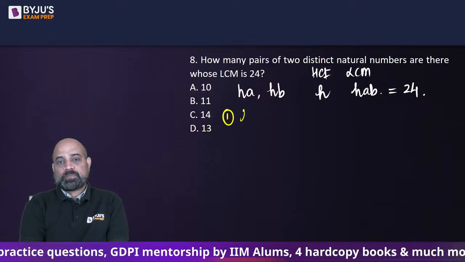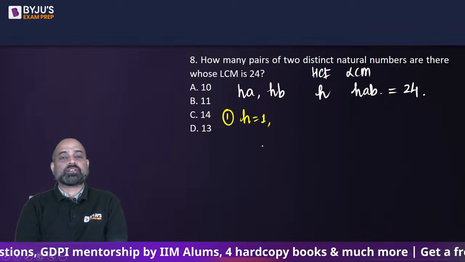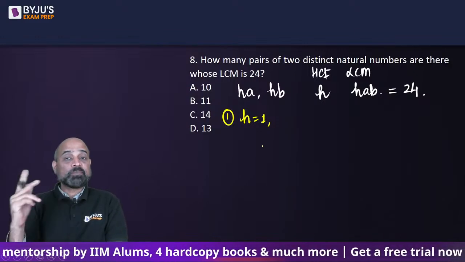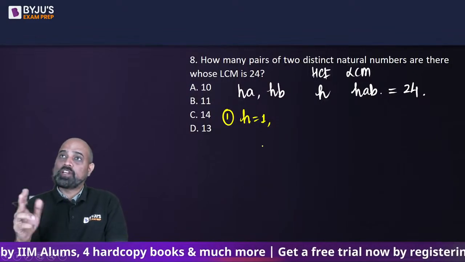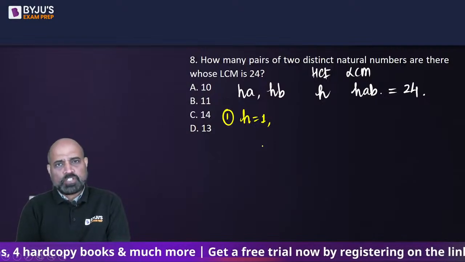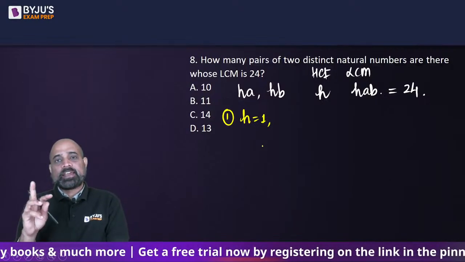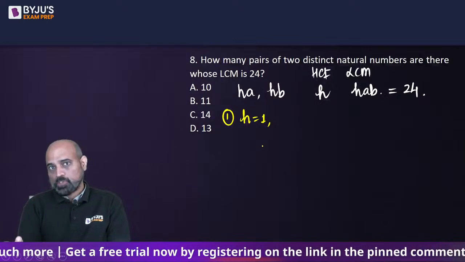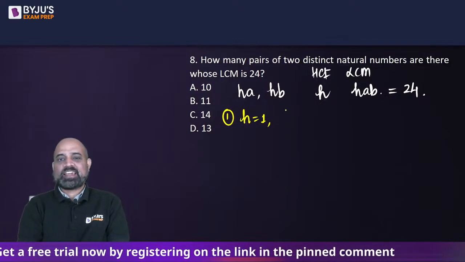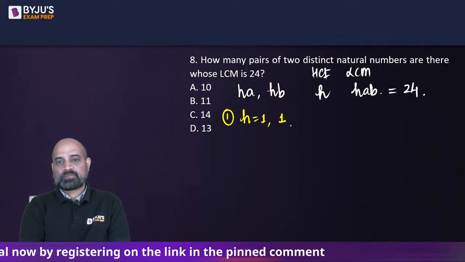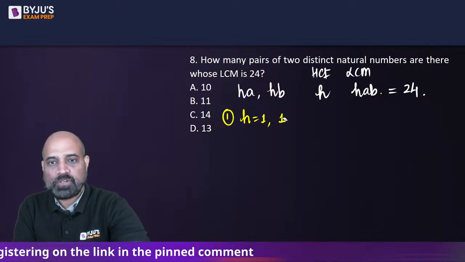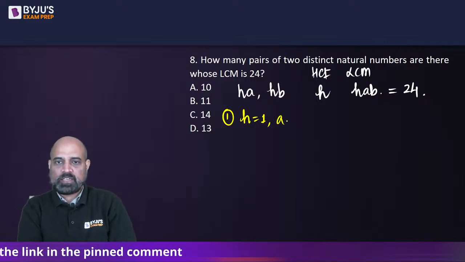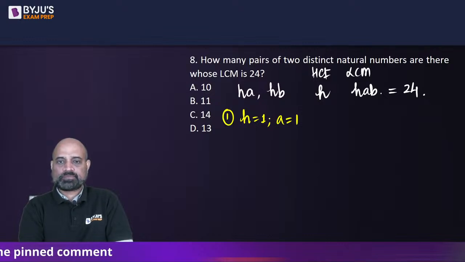The first case being, what if the HCF is 1? If HCF is 1, that means A and B should be co-prime always. A and B should not have anything in common. That's what co-prime means. So if A is equal to 1, we will get B is equal to 24.